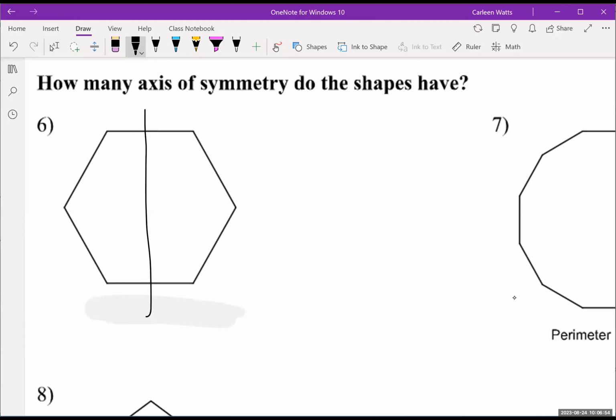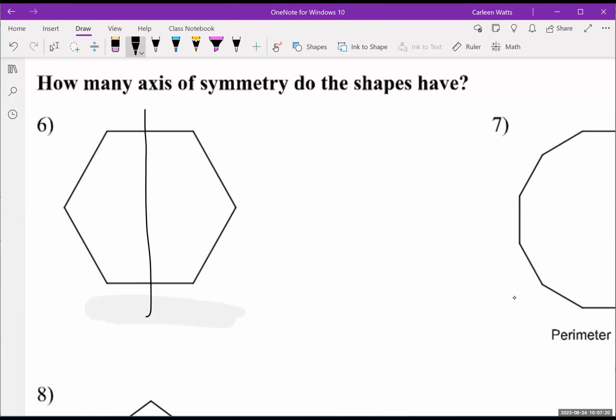Okay, let's talk about number 6. See that axis of symmetry? I could flip it, twirl it on that axis, and it would stay the same. The right half maps to the left half. If you want, sketch this on another sheet of paper.